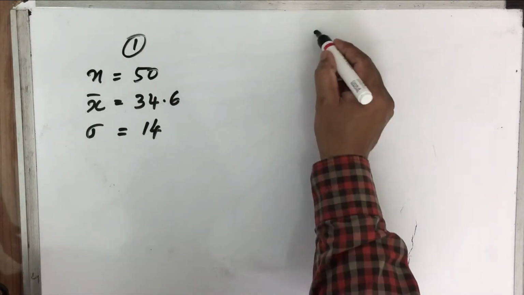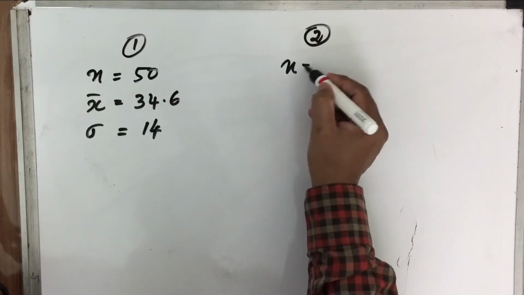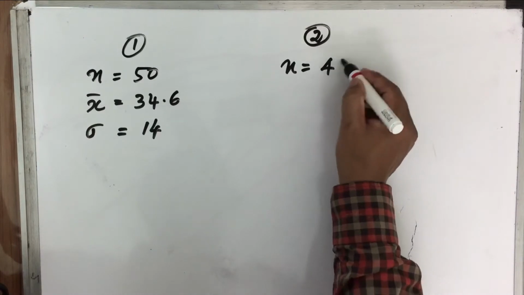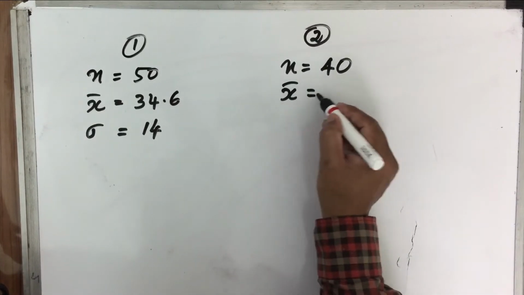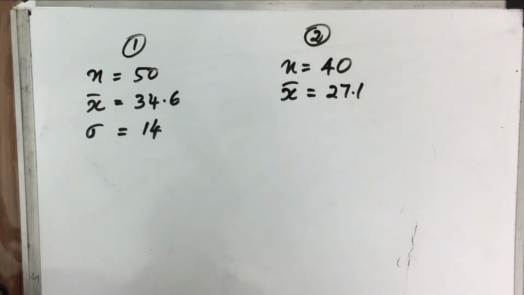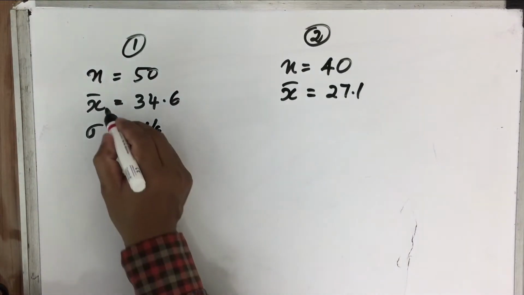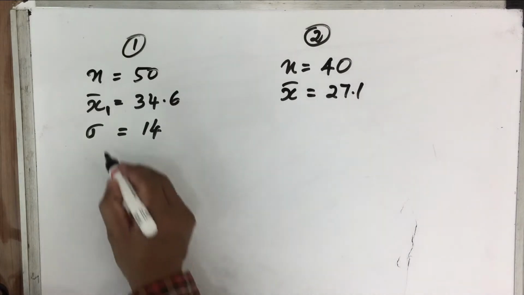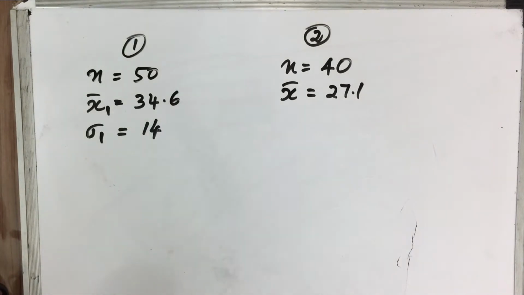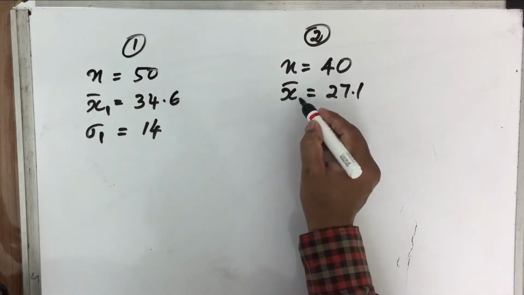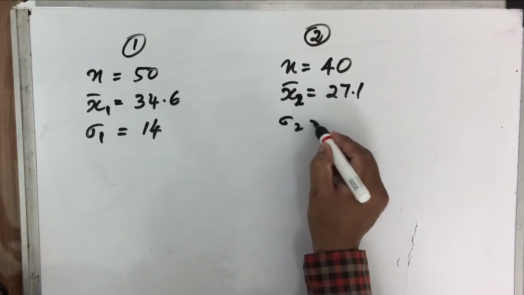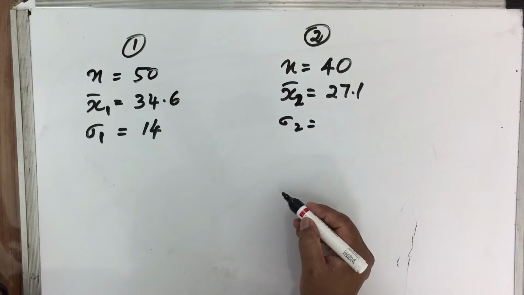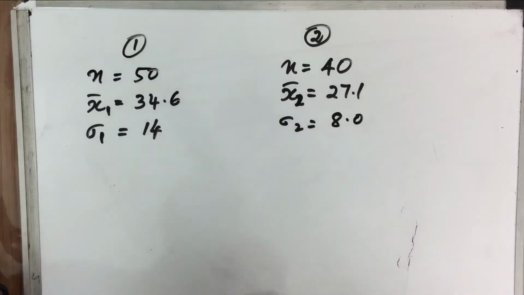And there is another class. Here the number of students is only 40, and their x bar is equal to 27.1. Since this is the second class, we call this x1 bar and sigma 1, and this is x2 bar, and the sigma 2 of this particular class, let us say, is 8.